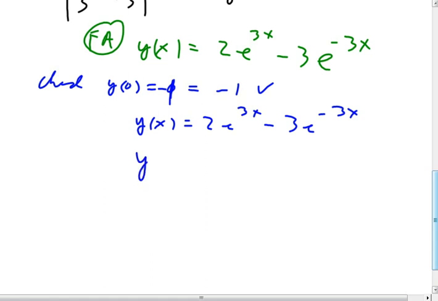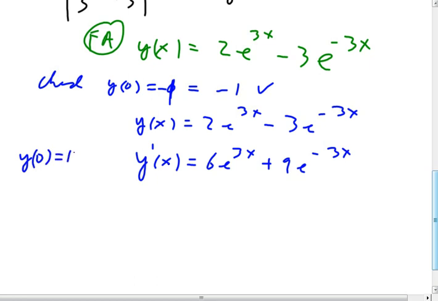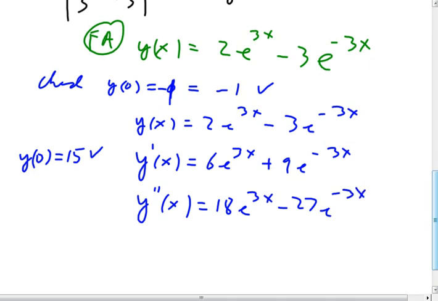I got y prime of x is 6e to the 3x plus 9e to the minus 3x. y prime at 0 is supposed to be 15. Check it is. y double prime of x is 18e to the 3x minus 27e to the minus 3x.